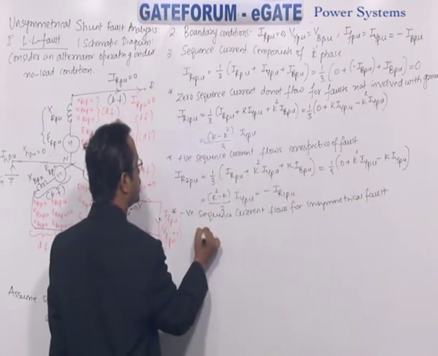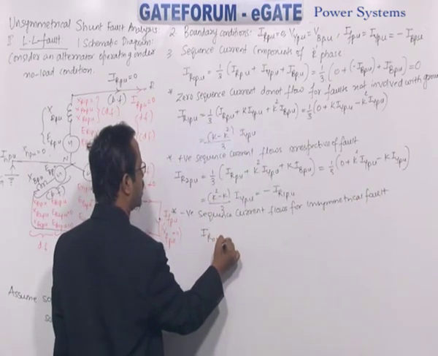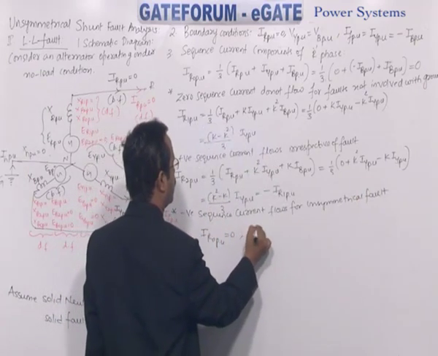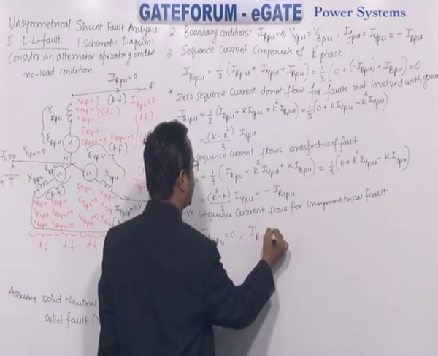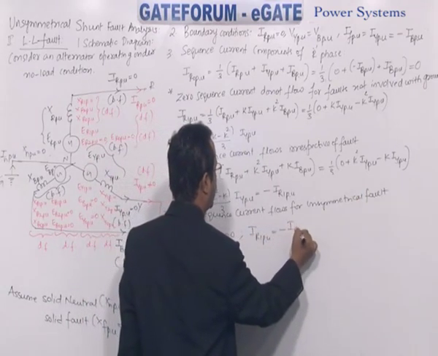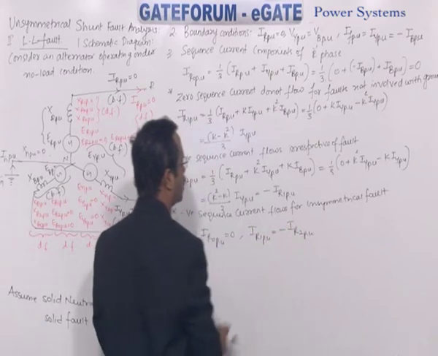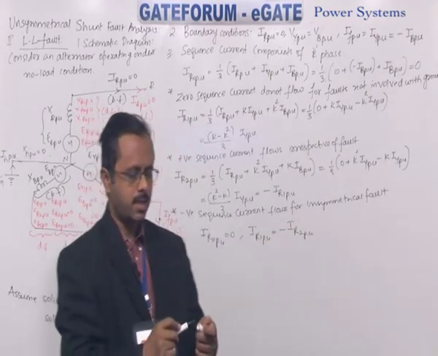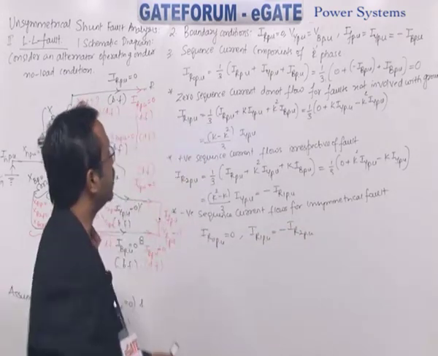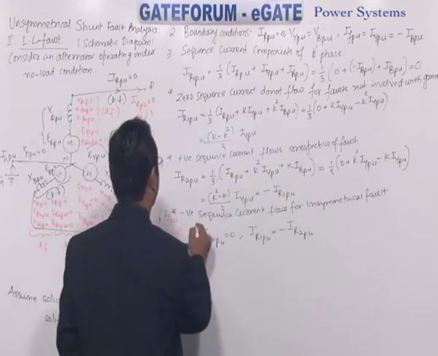So from the previous three results, IR0 is 0 and IR1 is equal to minus IR2 per unit. And this result is important corresponding to line fault.